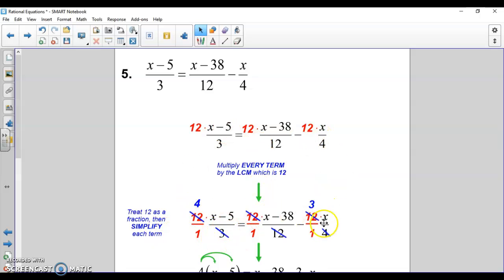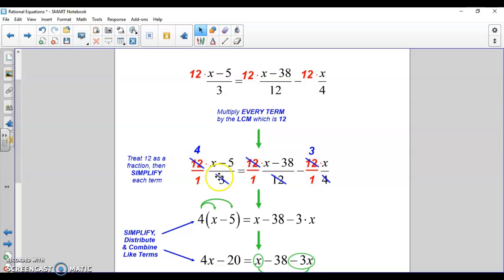These 2 steps are virtually the same step. I'm actually just showing it crossed out in the second one. 12 knocks out the 3. You're left with 4. So you have 4 times x minus 5 left over. 12 knocks out the entire 12 here, so you're left with just x minus 38. Then 12 knocks out the 4, you're left with 3, so 3 times x.